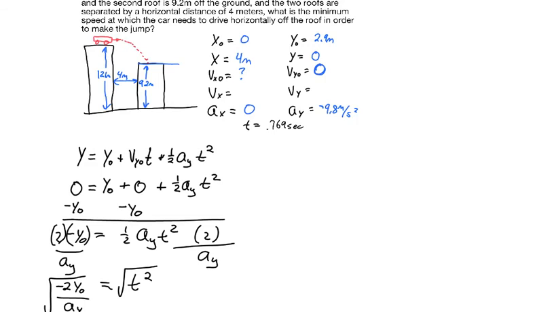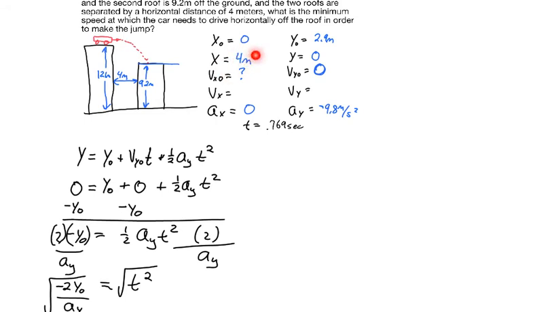We found that if it's going to be starting at this height and ending at this height, it's going to fall that distance in 0.769 seconds. That means it also has to go horizontally 4 meters in 0.769 seconds. So now I have the time for that to occur.